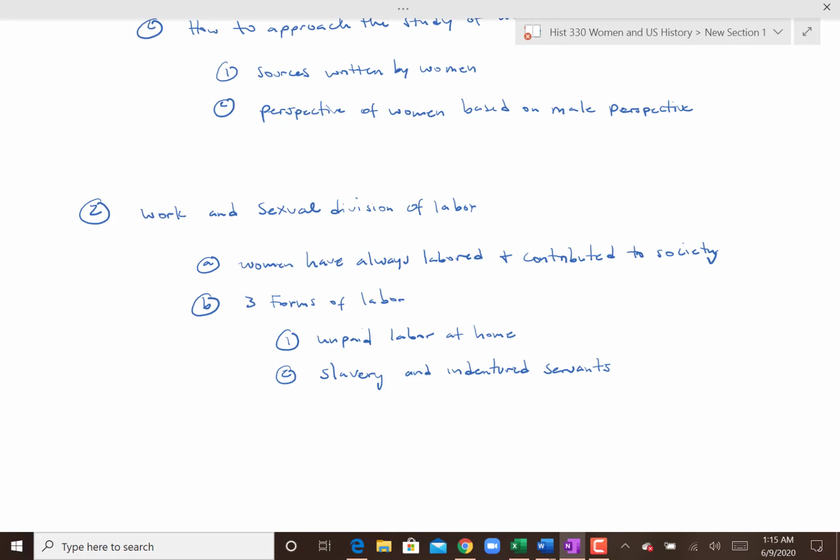Nonetheless, both of these types of forced unpaid labor were a component that women participated in, and was significant to the formation of society, the building and construction of society, and we're going to look at that in its various forms.